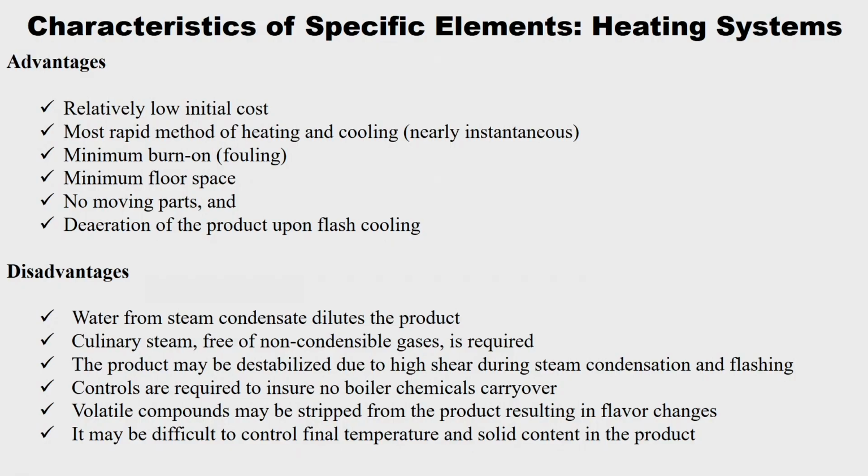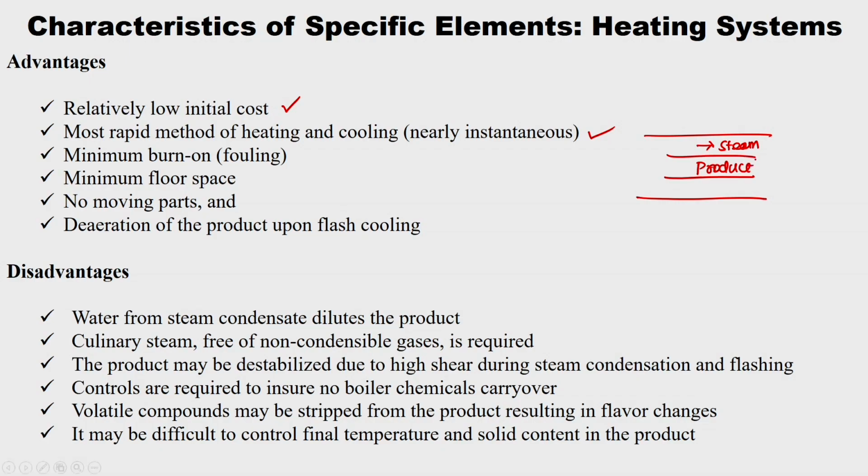The advantages of the direct heating system are listed here: relatively low initial cost, more rapid method of heating and cooling because it is nearly instantaneous. Because if you take an indirect system, for example, your product is going here, your steam is employed here.